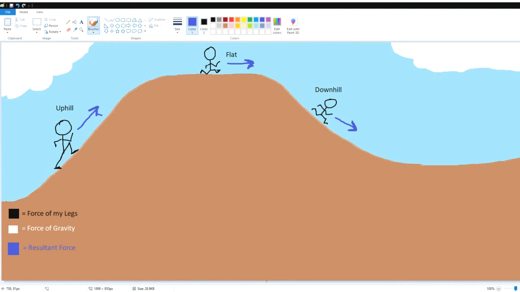when I'm thinking about how my legs should push in order to create these different effects, I need to think about not just the force that my legs are going to enact, but also other forces that are upon my body, namely the force of gravity, right? Gravity always pulls us down towards the center of the earth.